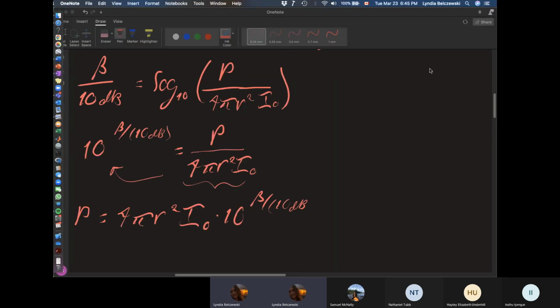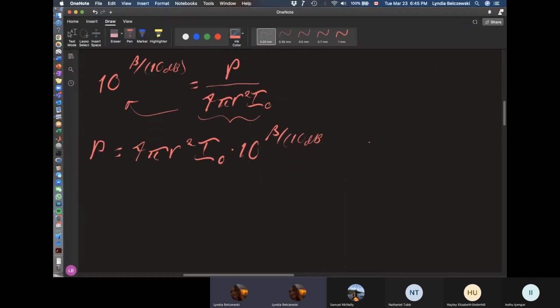Okay, so where I was at, we've got this final equation for power once I've rearranged it for power. And so now I can just plug in the numbers and then shakily type it into the calculator. So R is the distance between you and the source, which in this question was 5 meters.